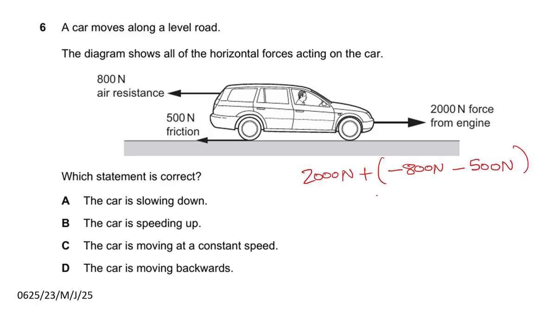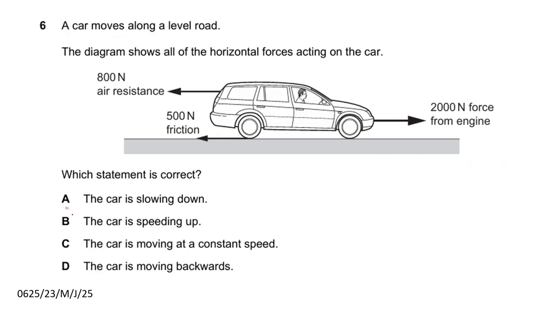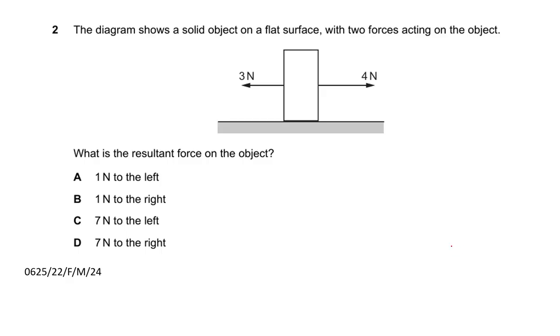So you have 2000 Newton minus 1300 Newton, which gives plus 700. So as long as you get a positive value, the car is speeding up.